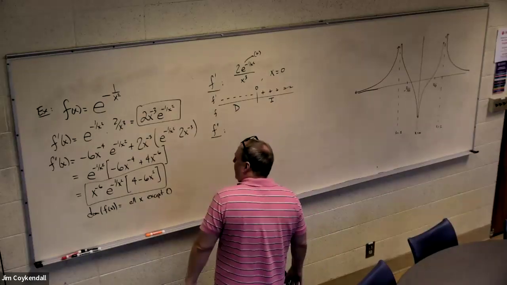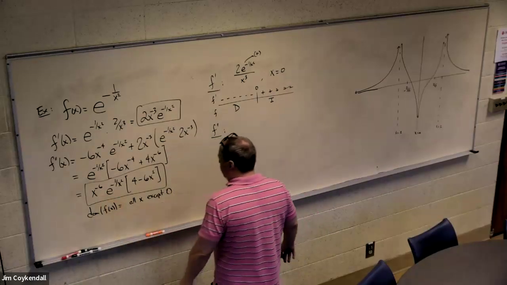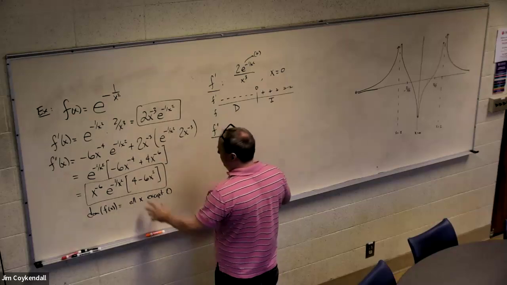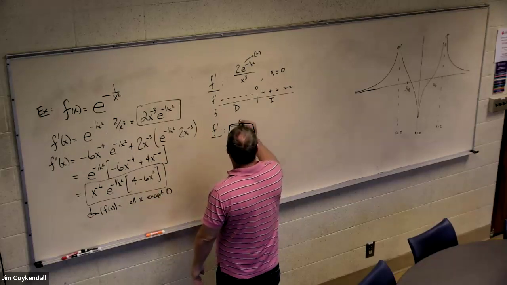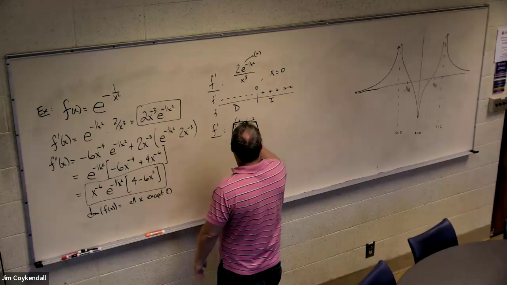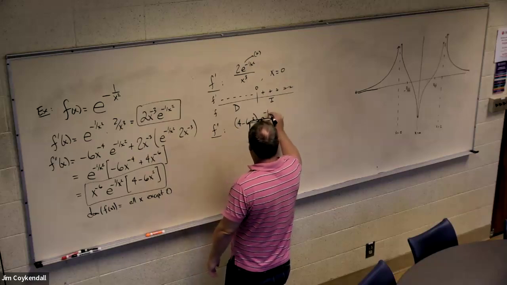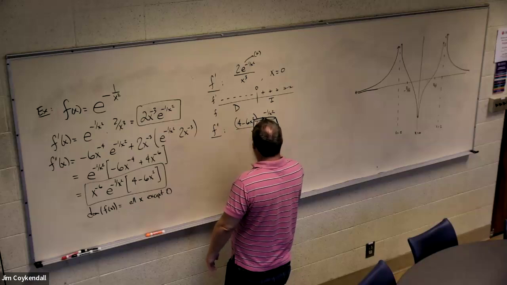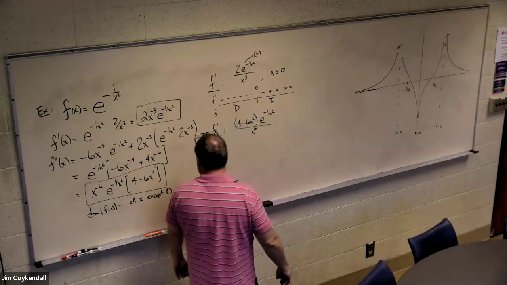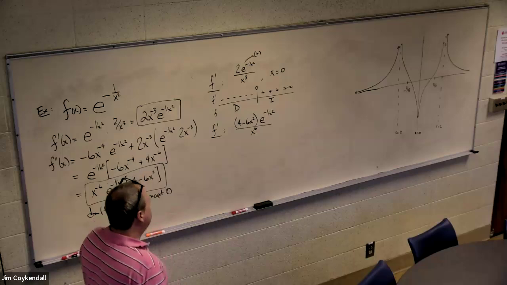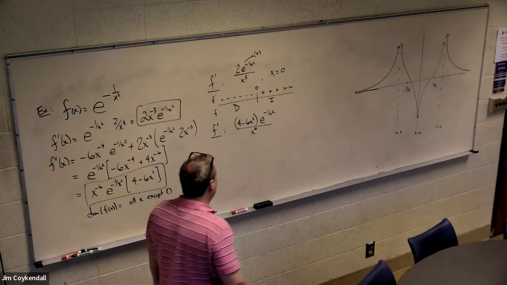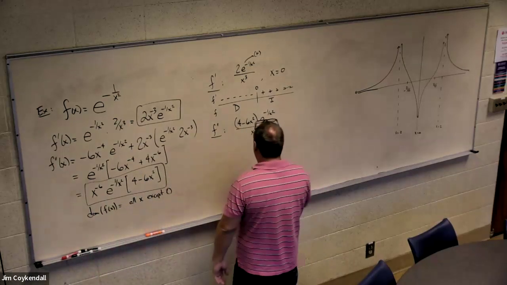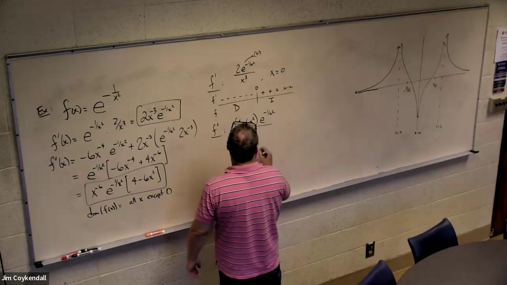All right, so let's look at the second derivative. If I clean this up a little bit, it's 4 minus 6x squared times e to the minus 1 over x squared, over x to the 6th. Now here, I've got a few more numbers to pull out. x equals 0, again, is going to be problematic.